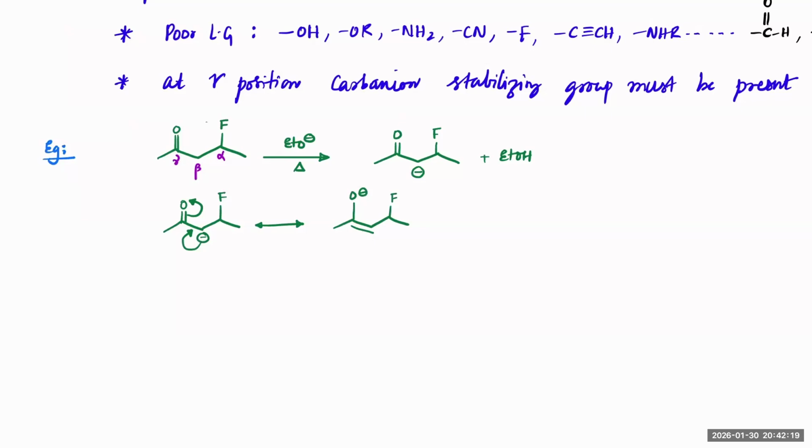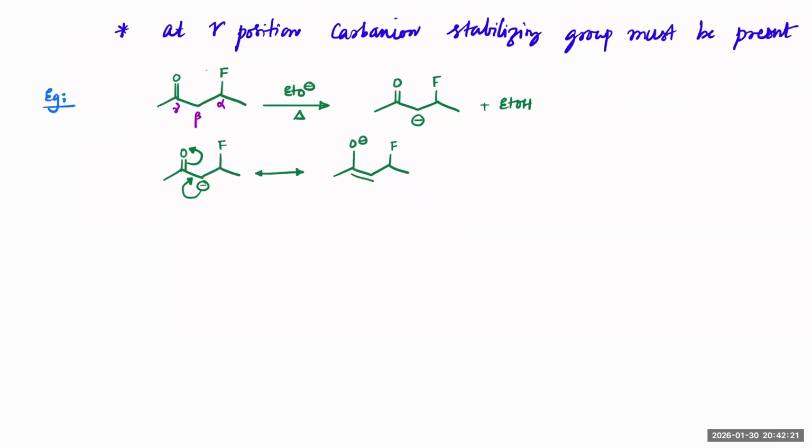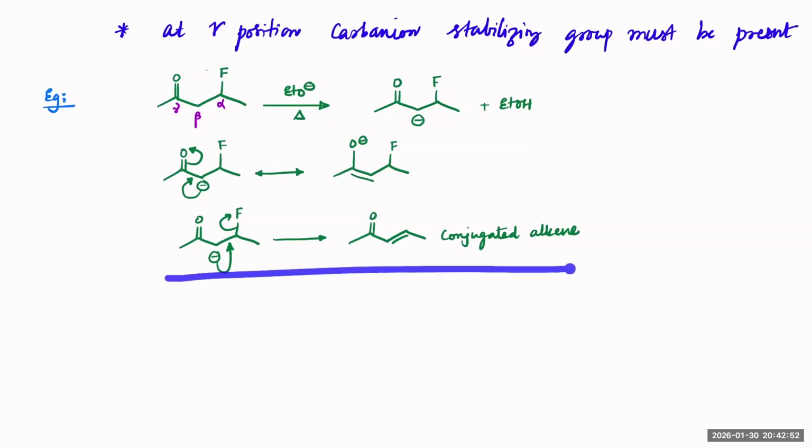Once you have the carbanion in resonance, at one particular instance this minus can push here and remove the fluoride, and thus the elimination is favorable, and you'll get a conjugated alkene. Clear? This is the trick that would happen.